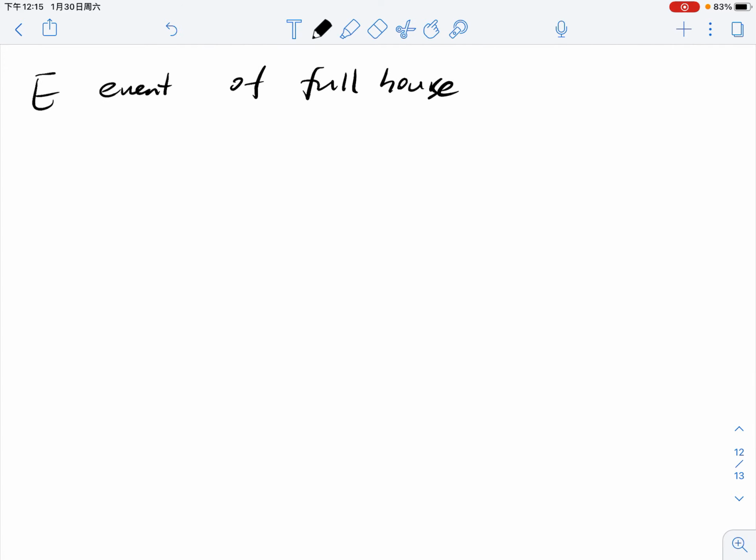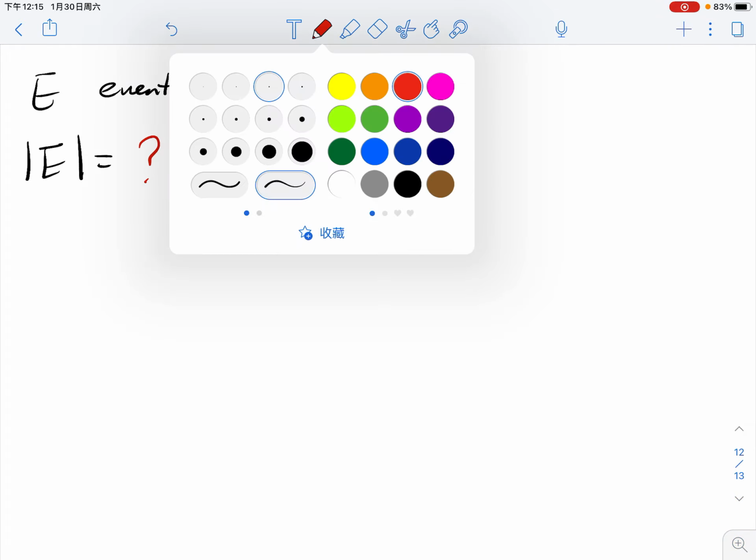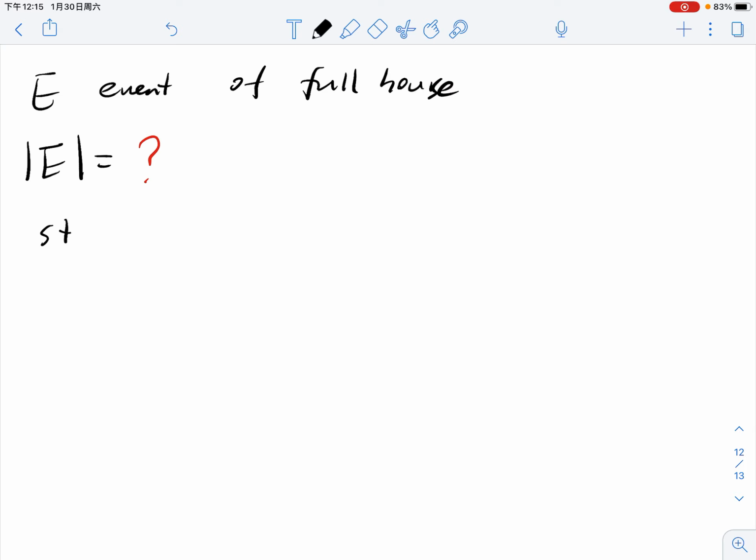Okay, now we need to estimate what is the cardinality of set E. And we compute it in several steps. So step 1, we choose the rank of the 3 cards.